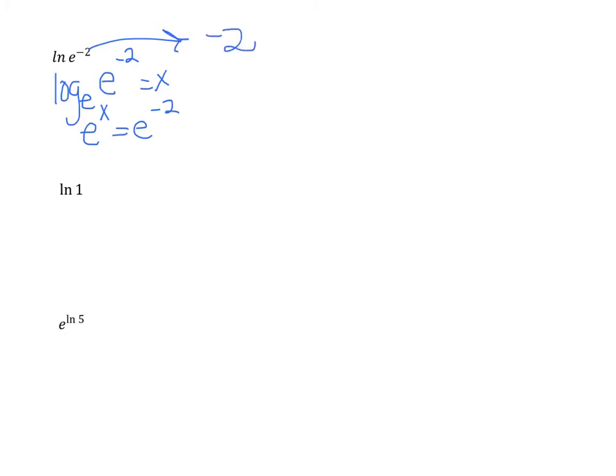If I have the natural log of 1, that's like the log base e of 1 is equal to what? So e to what power is equal to 1? Well, that's going to be 0. Or if I have e to the natural log of 5, remember e and natural log cancel, and the answer is 5.